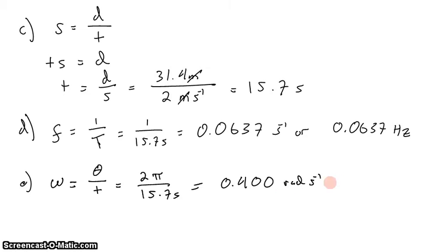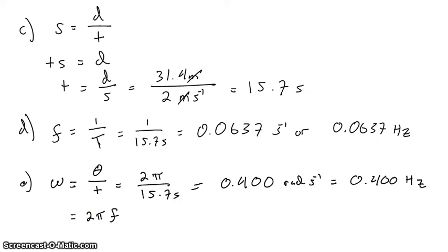Now radians are unitless, they're dimensionless. So we can leave it out and just call this 0.400 per seconds or 0.400 hertz. It's actually the same units as frequency. And it actually calculates out very similarly. We could also call this 2 pi times f, since f is 1 over the period. So we could calculate that either way.